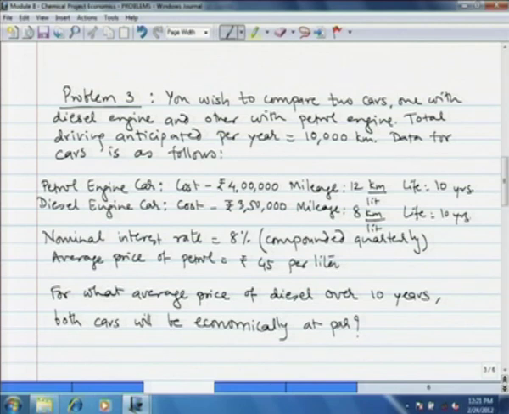So, that is the question that we have. We have to find out the average cost of diesel over the period of operation, which will make the two cars economically the same. So, this problem is essentially about comparison of the fixed capital investment and operating or annual expenses. So, let us see the solution.